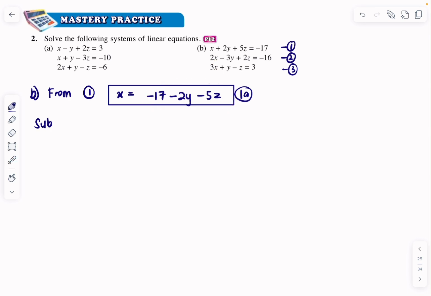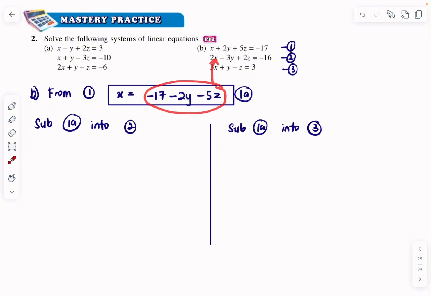So we sub equation 1a into 2. Here we sub 1a into 3. So when we sub the x inside here, we will get 2 times negative 17 minus 2y minus 5z minus 3y plus 2z equals negative 16.